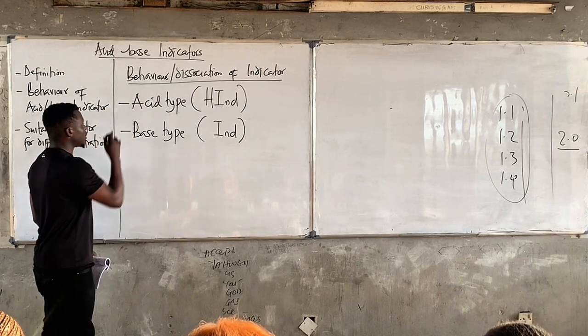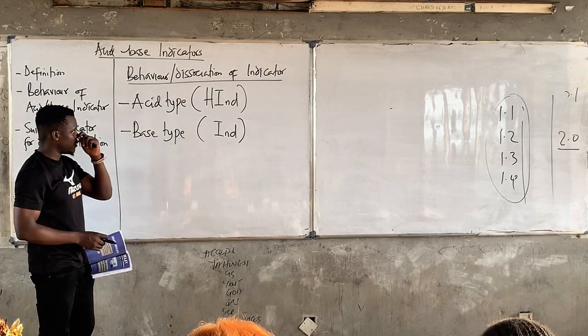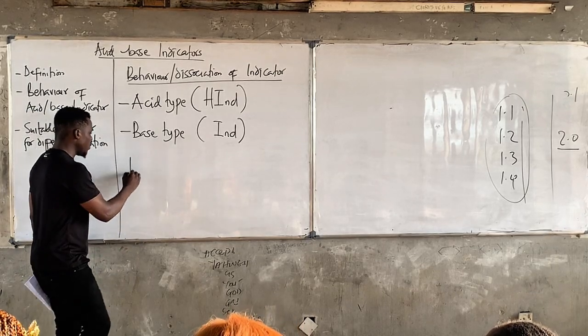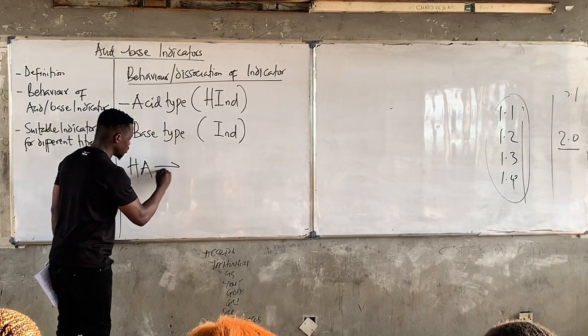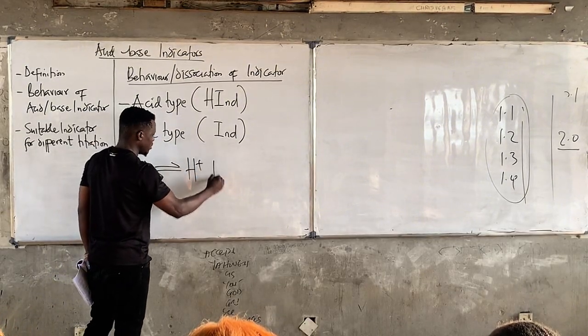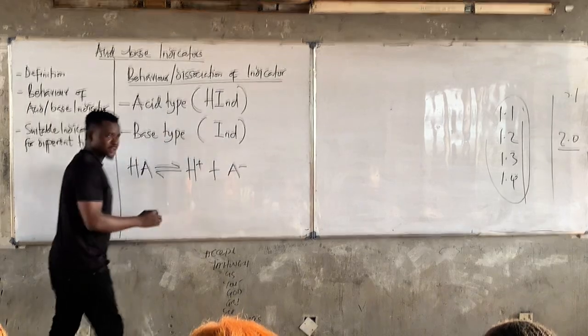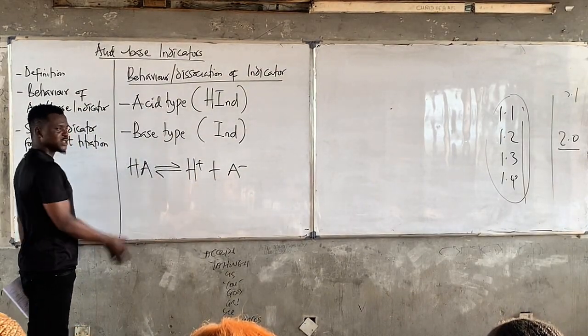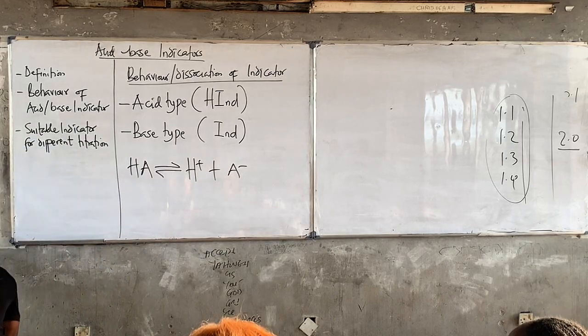Now, we want to look at the behavior of this. Behavior is centered on dissociation. Class, remember that a weak acid is always going to dissociate partially, which is going to give us H plus and A minus. So if an acid type indicator dissociates, we're going to get something similar to this.